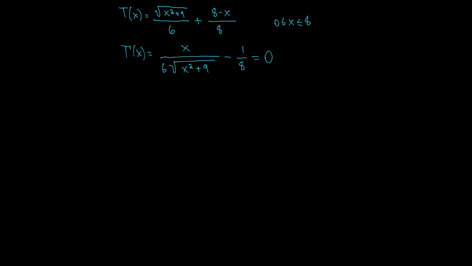So let's add 1/8 to both sides. So x over 6 square root of x squared plus 9 equals 1/8.